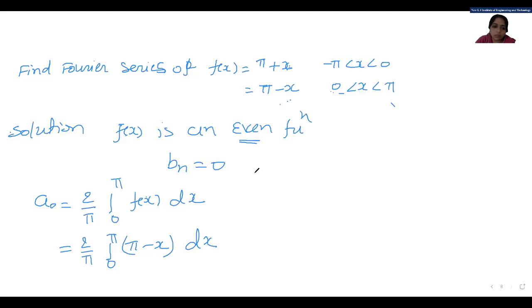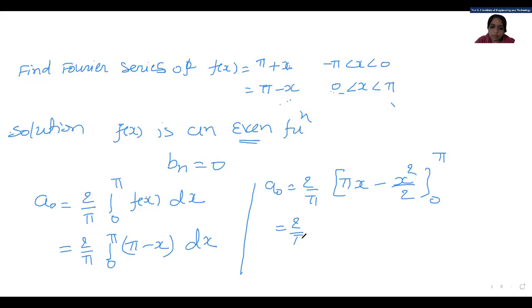Now, for a0, 2 by pi. Integration of this pi minus x: integration of pi is pi x, integration of x is x square by 2, and the limits are 0 to pi.